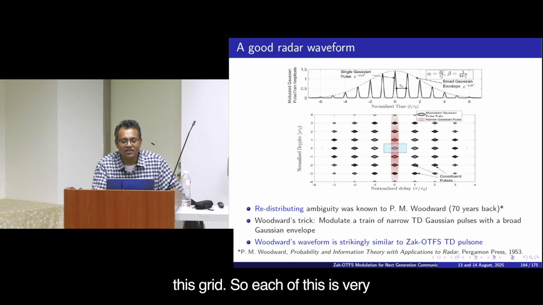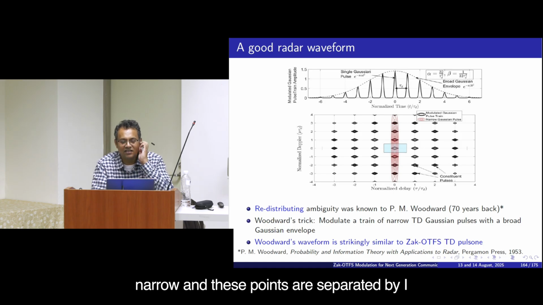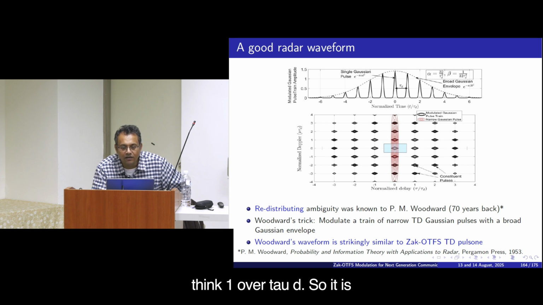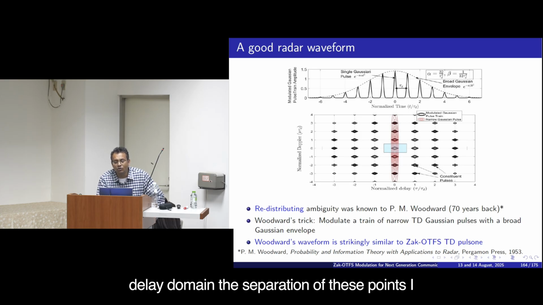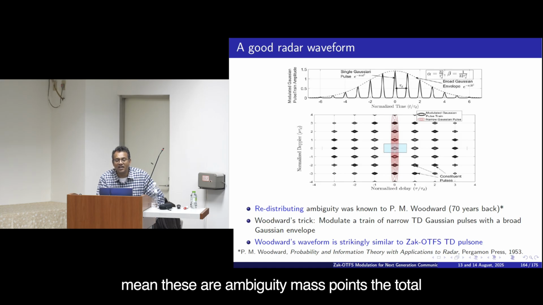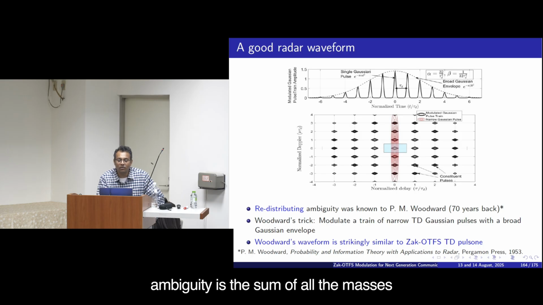So, each of these is very narrow, and these points are separated by, I think, 1 over tau d. So, if this is tau d, right, then sorry, it is along tau d. So, along the delay domain, the separation of these points, these are ambiguity mass points. The total ambiguity is the sum of all the masses of these points, the black ones.